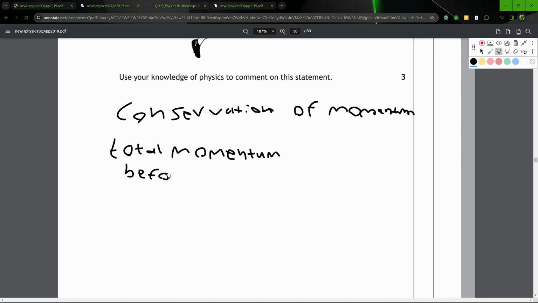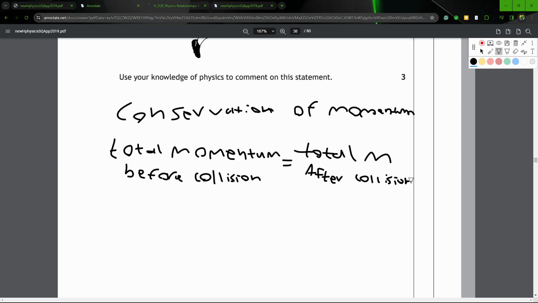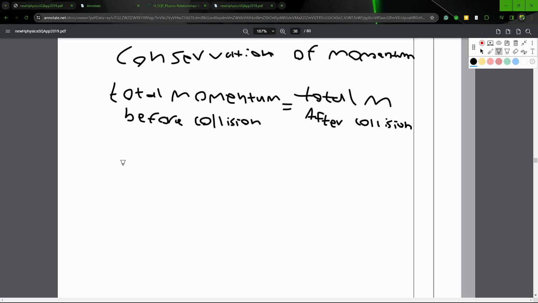There's a lot of writing to these ones. Equals total momentum after collision, and I'll just shorten that. You probably want to write the whole thing in your exam, but I can't be bothered. This means that M1 V1, that's V1, wouldn't it?